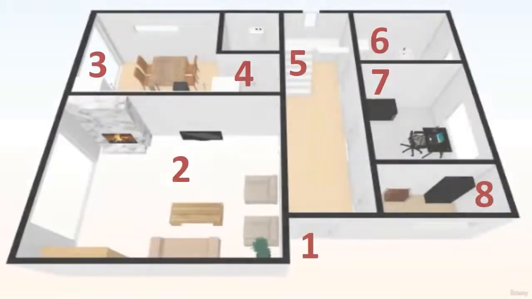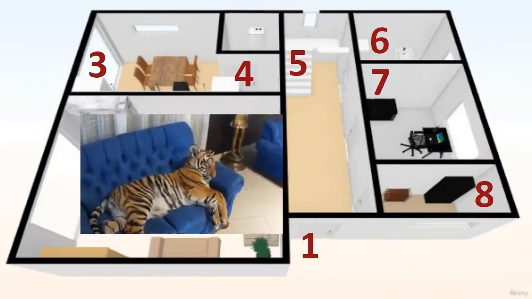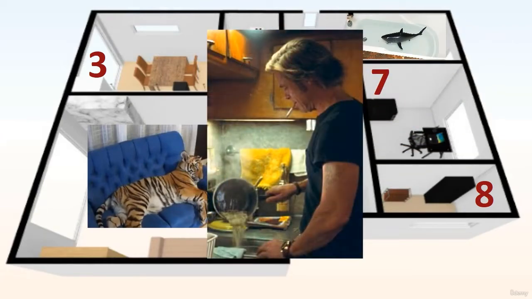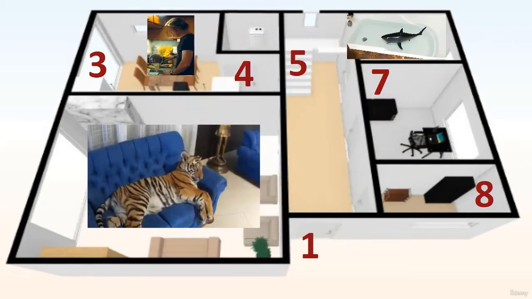For example, you could imagine a tiger lying in your living room, then a shark swimming in your bathtub, and then Brad Pitt washing dishes in your kitchen. All of these images, personalized by your mind, are extremely powerful triggers for your memories. When you want to remember these items again, you simply go through the route markers in the same sequence and all the images will appear in your mind's eye.